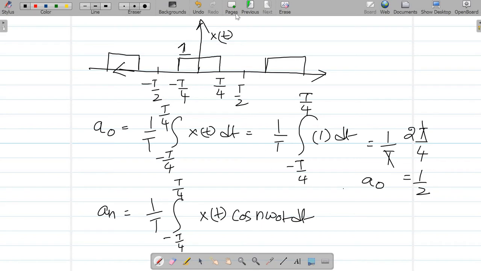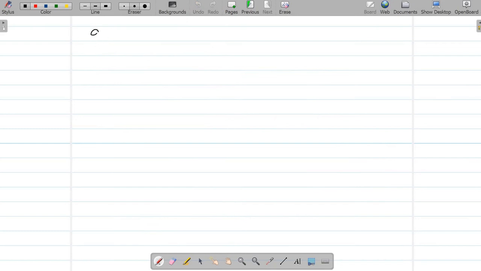So let me rewrite here. An is equal to 1 by T integral from negative T by 4 to T by 4 of x of t cos n omega naught t dt. Again, omega naught is nothing but 2 pi divided by the time period of the pulse.